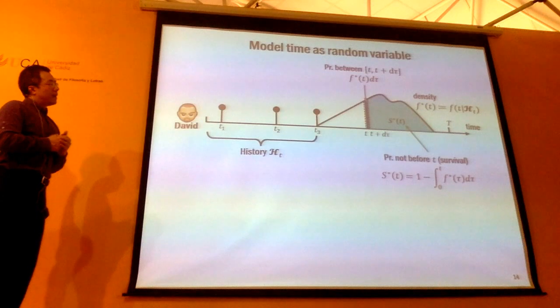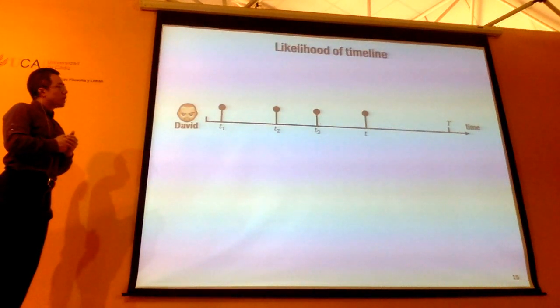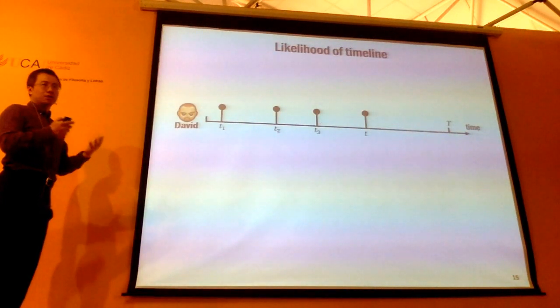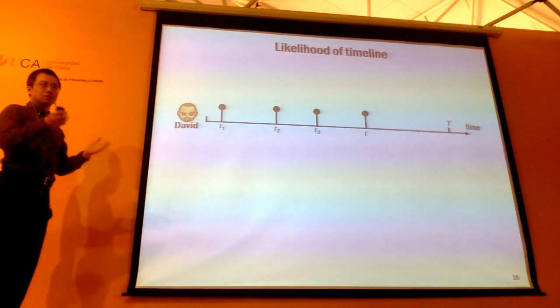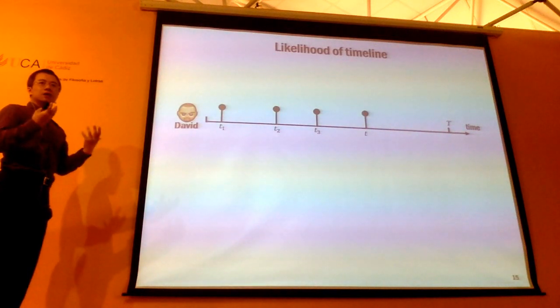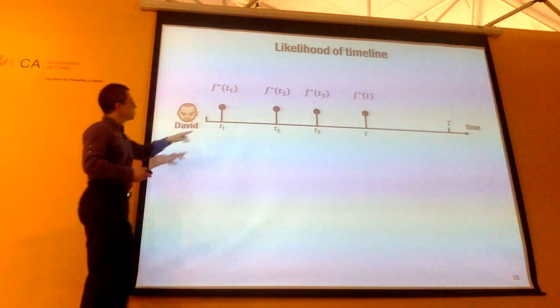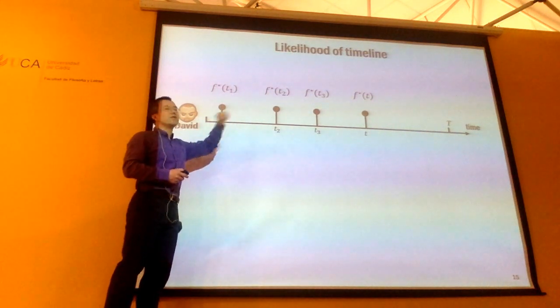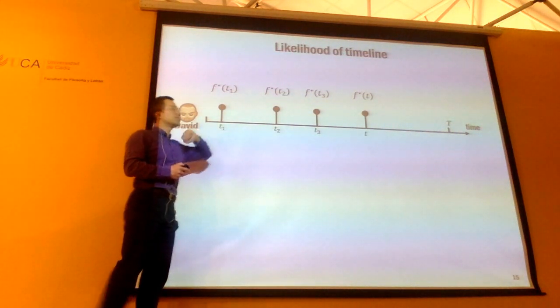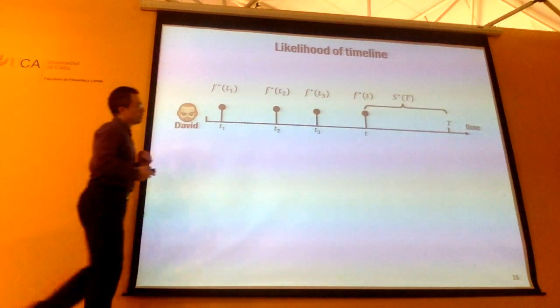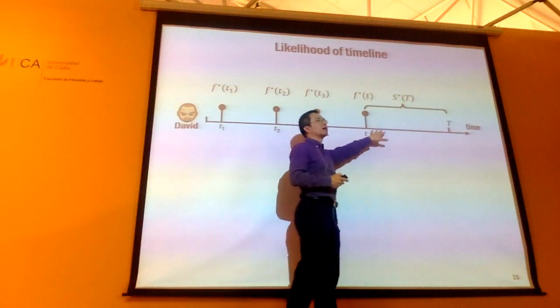Okay? And once you have this density function, of course, if we want to model this sequence of user activity probabilistically, once we have this conditional density, we can in principle write out the likelihood of a particular instantiation of the sequence of times, right? So what you do is compute the conditional density of each time point, and then in the last time interval between t_n and T, nothing happens.